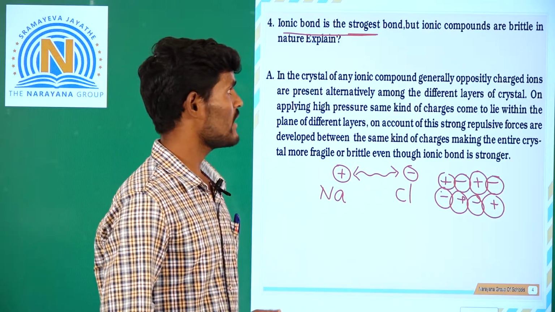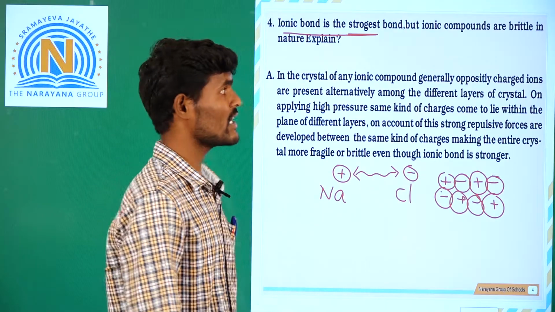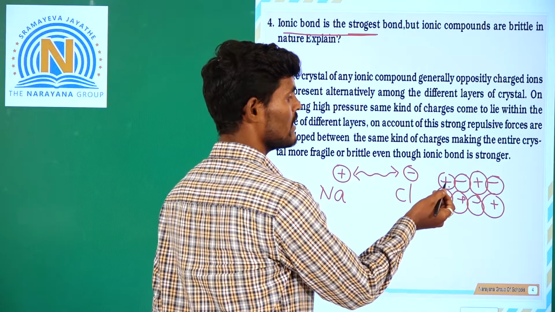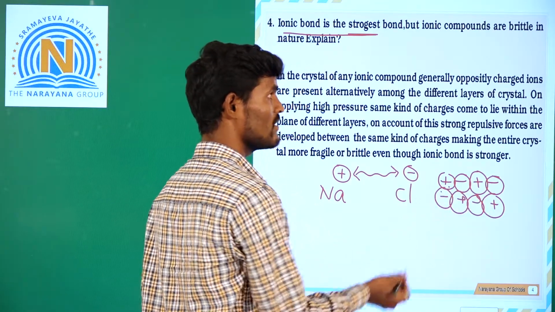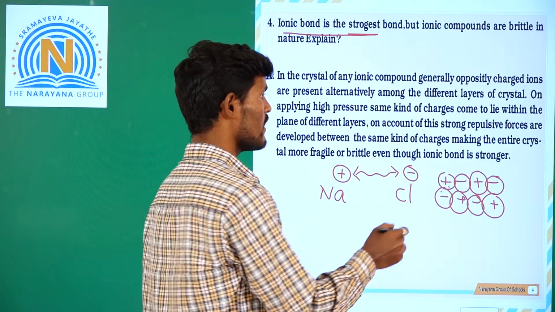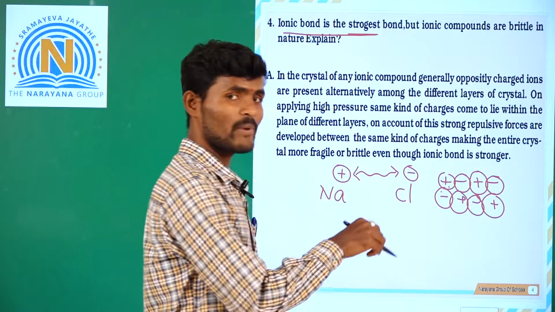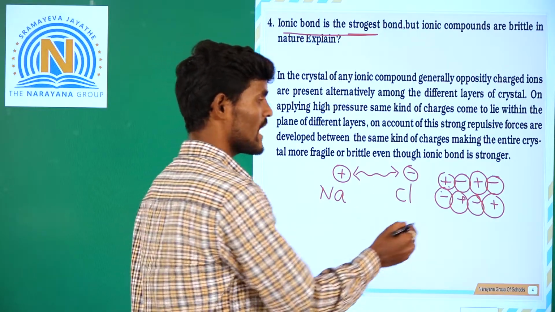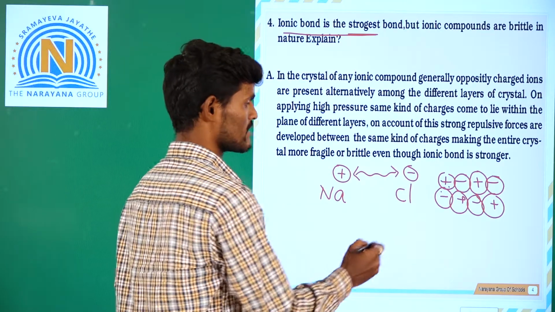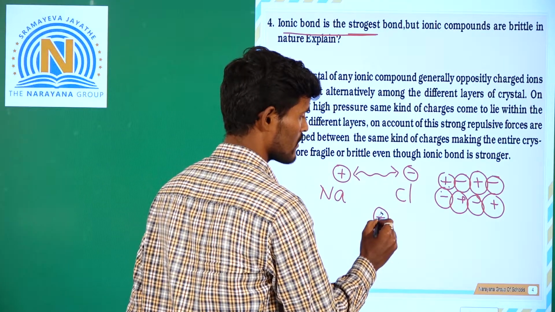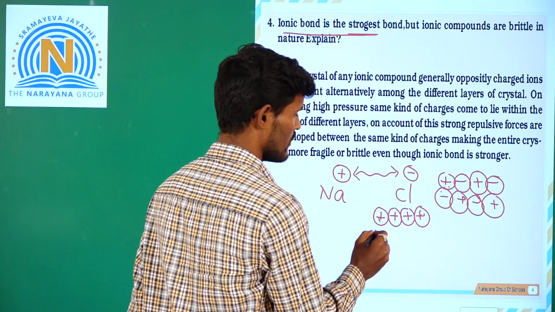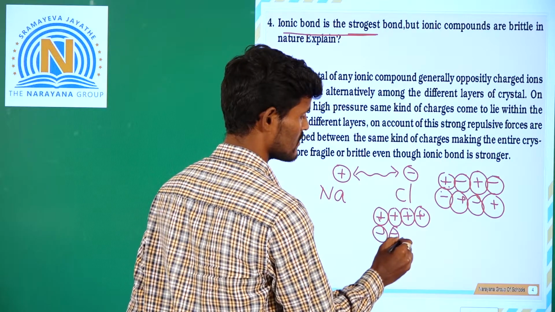In the crystal of any ionic compound, generally oppositely charged ions are present alternately, plus minus plus minus, among the different layers of the crystal. On applying high pressure on the crystal lattice, same kinds of charges come to lie within the plane of different layers, like this: plus plus plus, next minus minus.